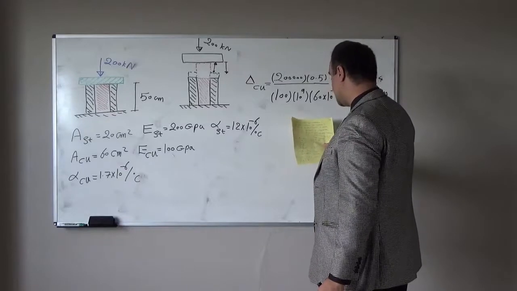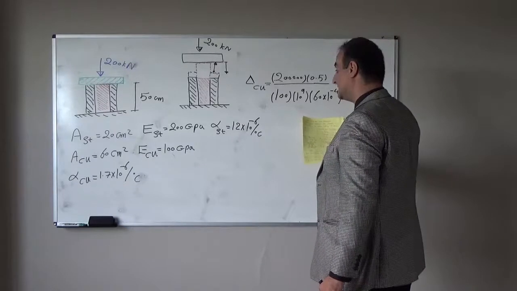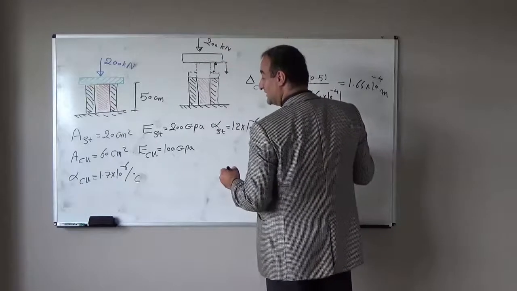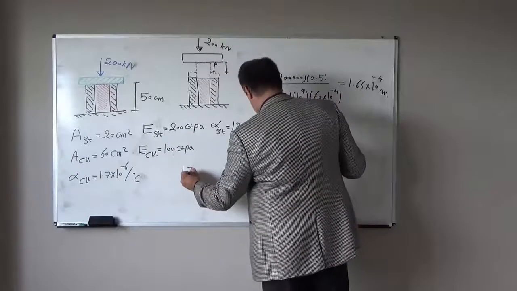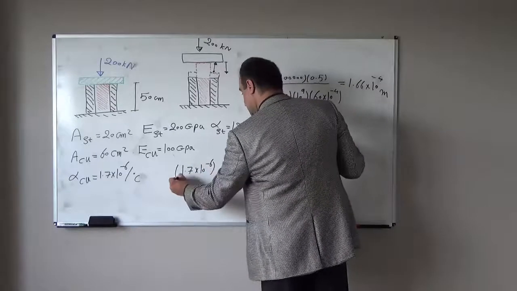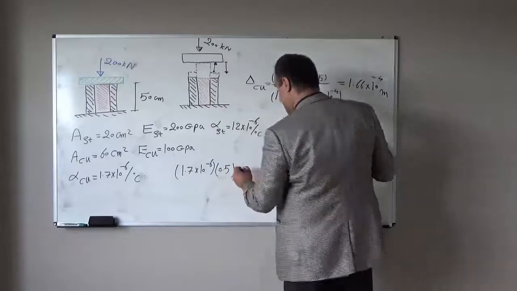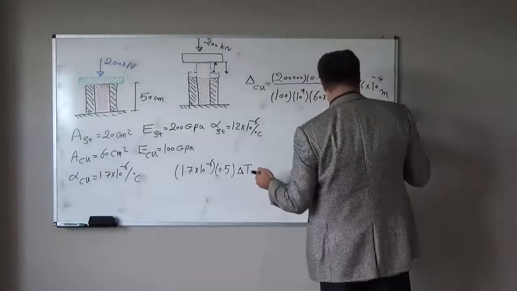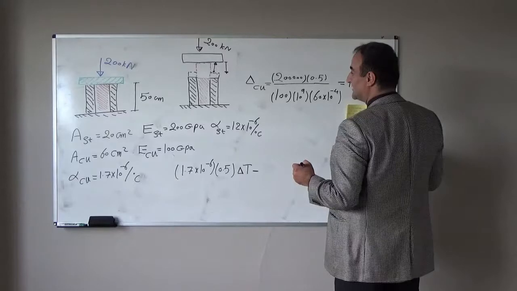If they are free, how much deformation will we have in both? If they are free, deformation inside of the copper will be length, alpha 1.7 times 10 to the power of negative 6 times 0.5. This is L alpha delta T for copper, minus deformation for steel.